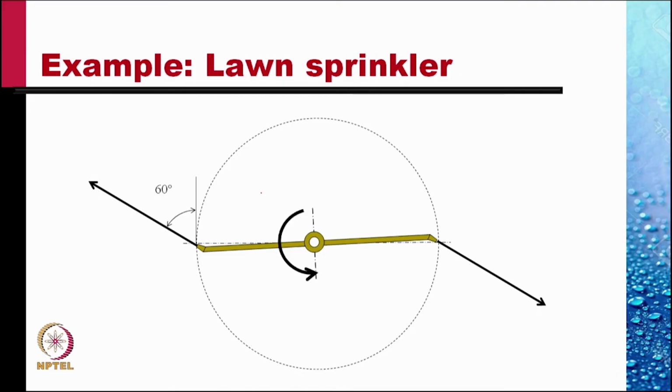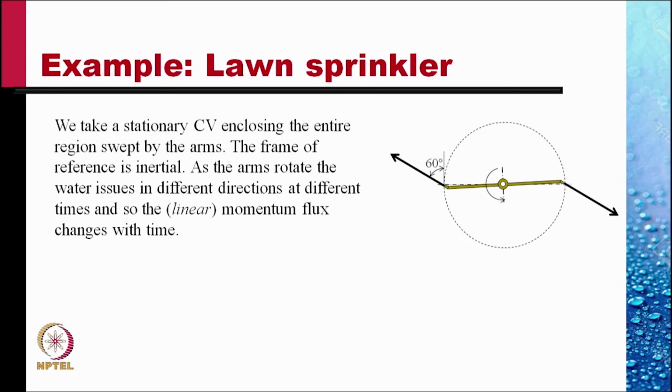For this, we consider a control volume. We take a stationary control volume enclosing the entire region swept by the arm as shown. The frame of reference is inertial because the frame is not rotating.